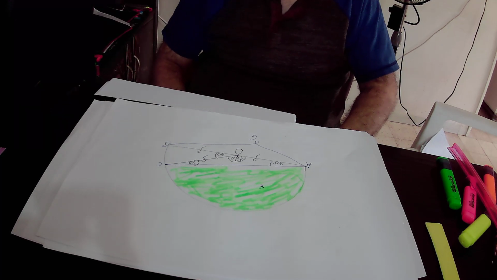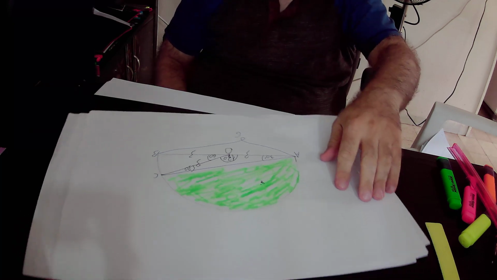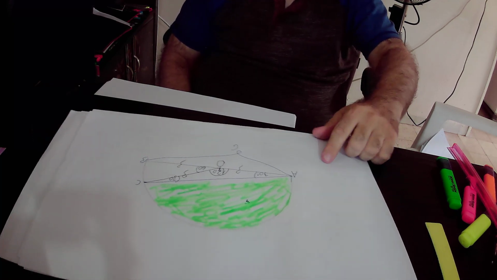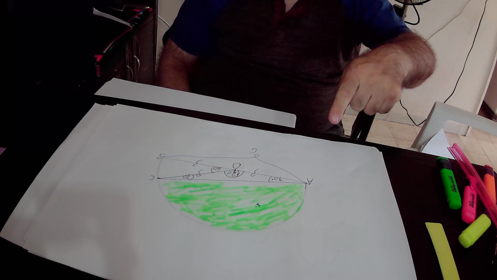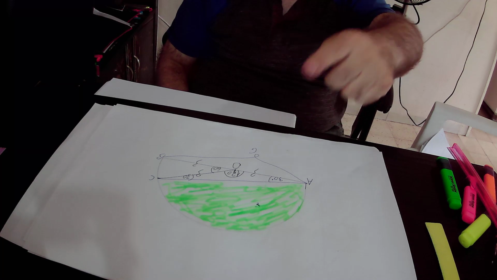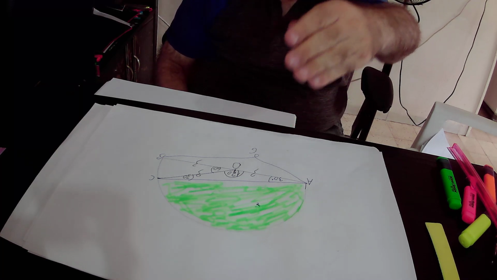So, in the drawing, we have a semicircle. You know that the diameter AB equals 6 units, angle BAC equals 30 degrees, and our mission is to find the area of the green shape.